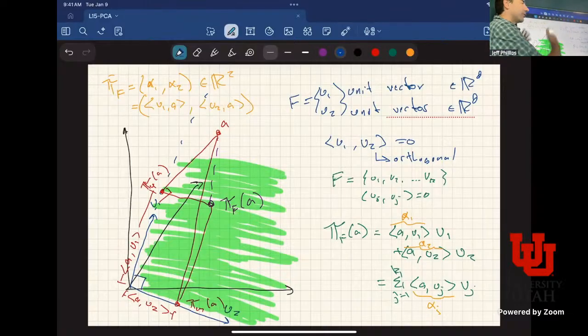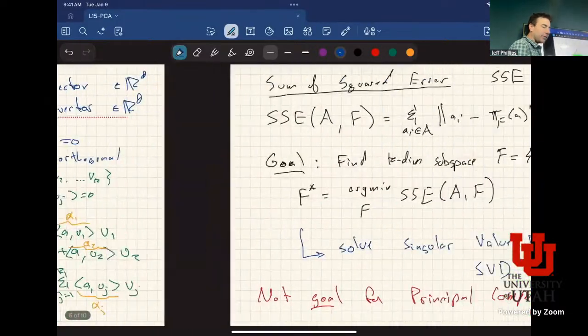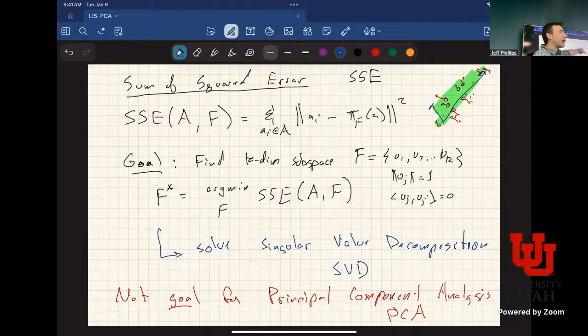But now I'm doing this for all points at once to add up the error. It turns out I can decompose them because we're using sum of squared errors. The Pythagorean theorem allows me to decompose all these things. This is one of the ways that's very nice.